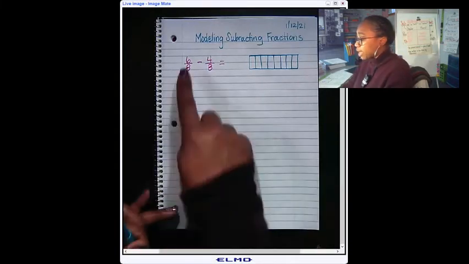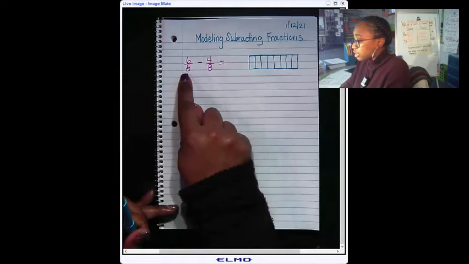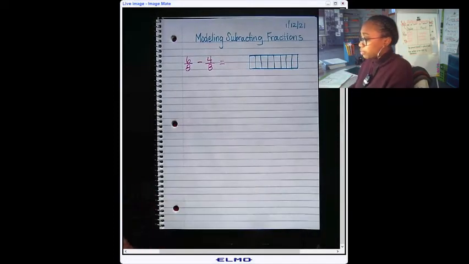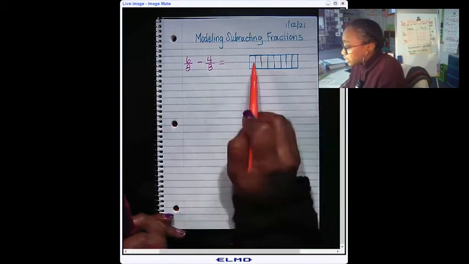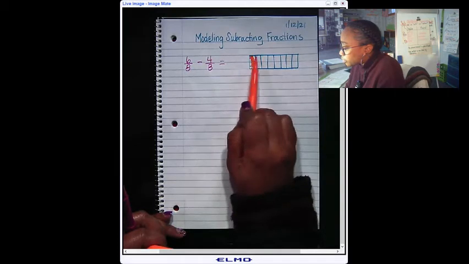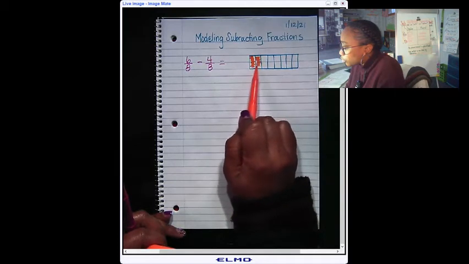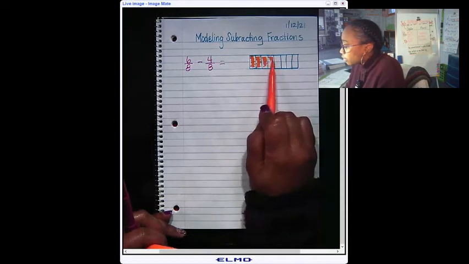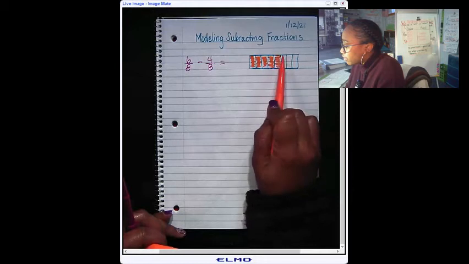So now I need to represent the first fraction on my model. And what that's going to look like is 6/8: 1, 2, 3, 4, 5, and 6.